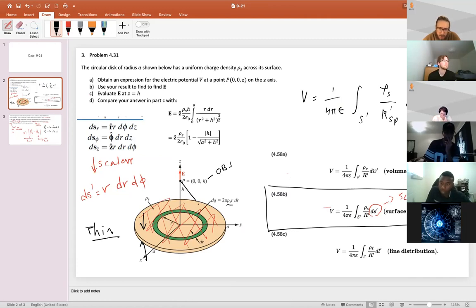It's really the length from the observation point to the source point, and so they will always have the same phi. Does that make sense? There's a little bit of a weird thing: on this z axis, what is the value of phi? What do you think it is?